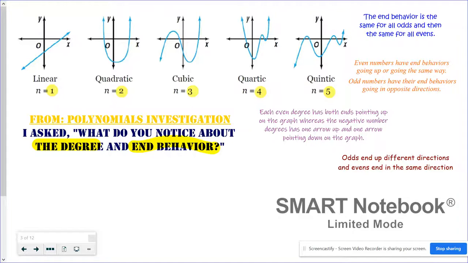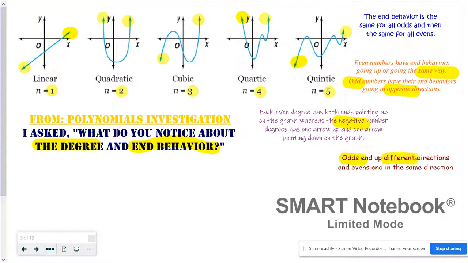Even numbers have end behaviors that are going up or going the same way, and odds have their end behaviors going in opposite directions. Each even degree has both ends pointing up on the graph, whereas the odd degree has one arrow up, one down.